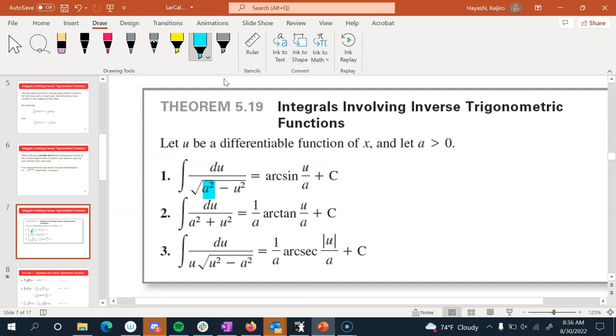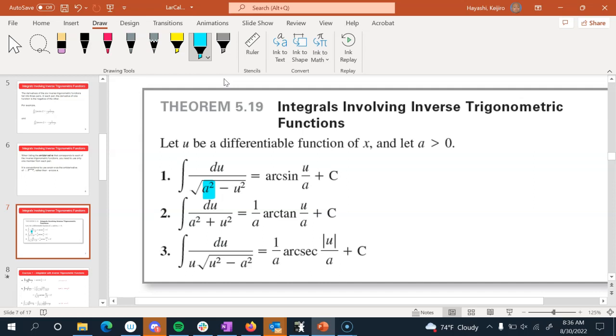And whatever appears there is going to be considered a constant squared. So sometimes, underneath the square root, or on the bottoms of any of these, you might see 4 minus u squared, or 9 plus u squared, or u squared minus 25, because it's always going to be some constant that you're going to call a squared.